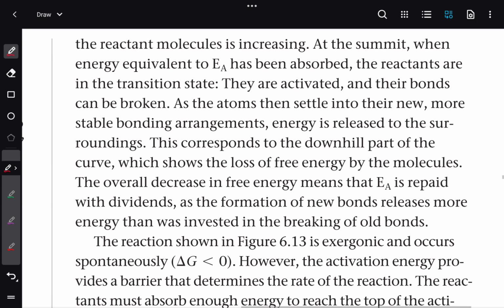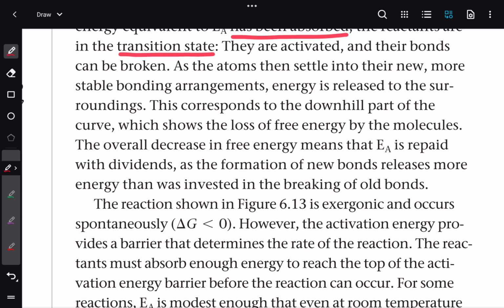I feel like this is a word salad. At the summit, when energy equivalent to the energy of activation has been absorbed, the reactants are in the transition state. They are activated and their bonds can be broken.